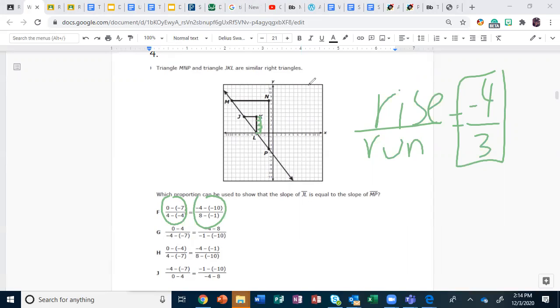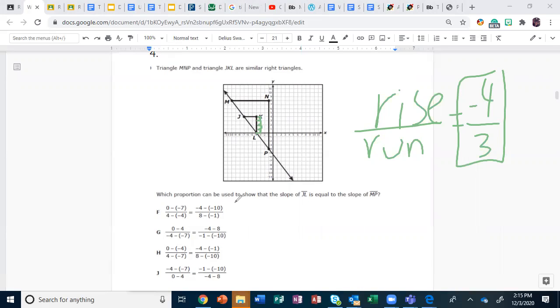So here's what we're gonna do. We're gonna check it. Let me erase this right here. And we're gonna check each section. So let's start with F. 0 minus -7. 0 minus -7 is gonna give me 10 over 0 minus, wait, -7, 4.